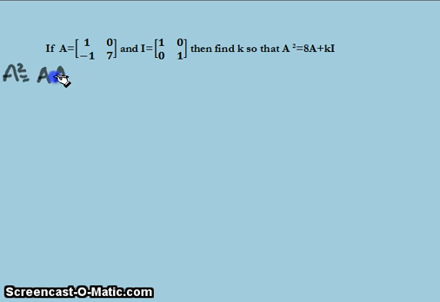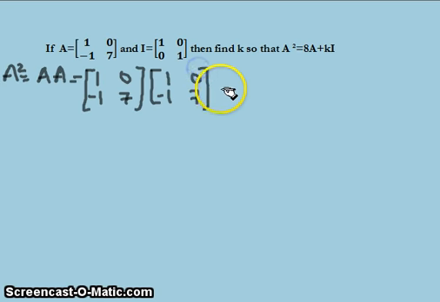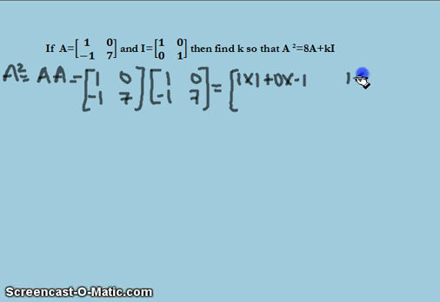That means we are going to obtain the product of matrix 1 0 minus 1 7 and 1 0 minus 1 7 again. Now cross multiplying these two matrices, we have 1 into 1 plus 0 into minus 1, then 1 into 0 plus 0 into 7.